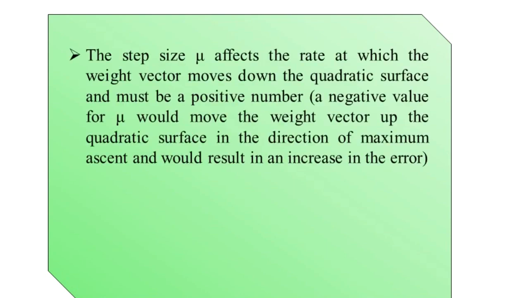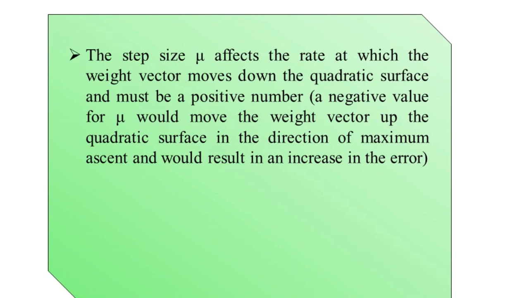If mu is very small, the correction to w of n is of course small, and the movement down the quadratic surface is very slow. As mu is increased further, the rate of descent will increase.